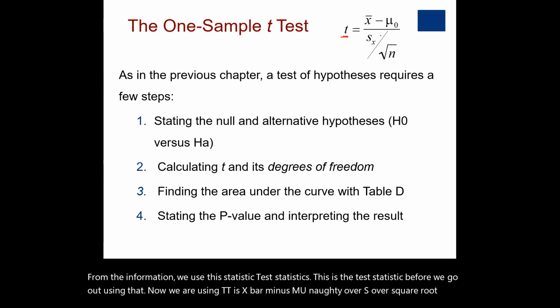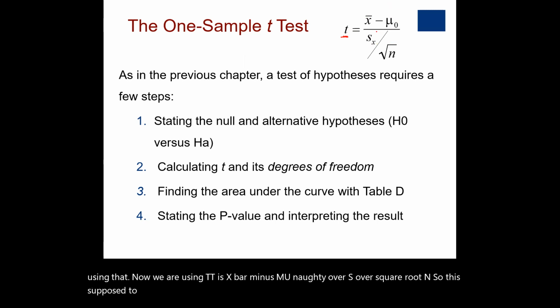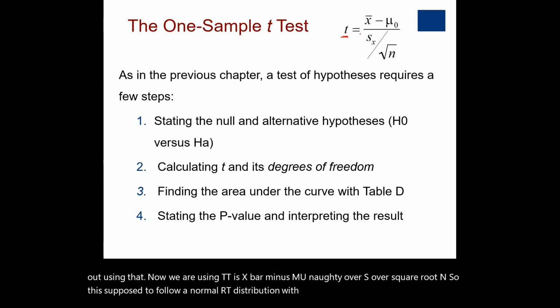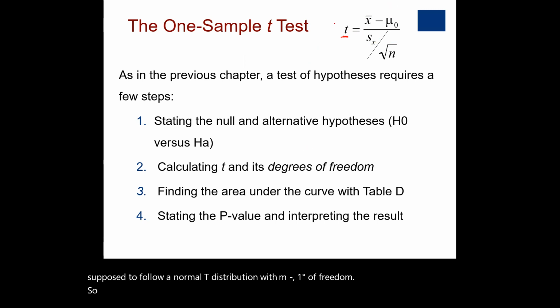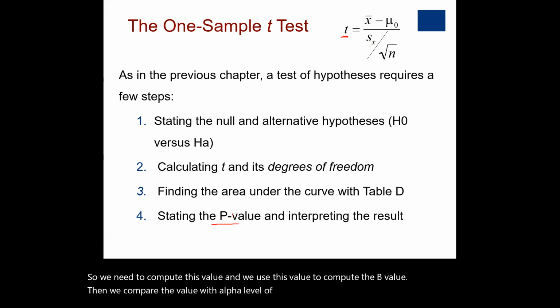This is supposed to follow a T distribution with n minus 1 degrees of freedom. We compute this value and use it to compute the p-value. Then we compare the p-value with the alpha level of significance, and then we decide to reject or fail to reject H naught.